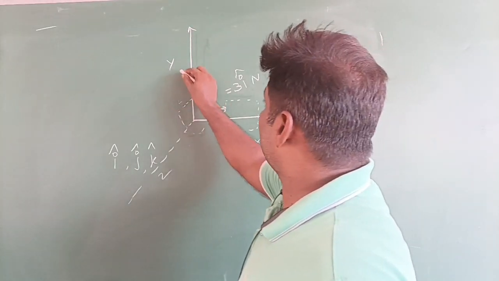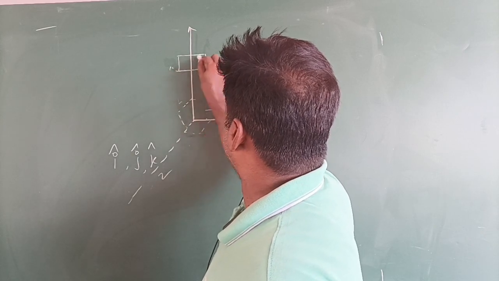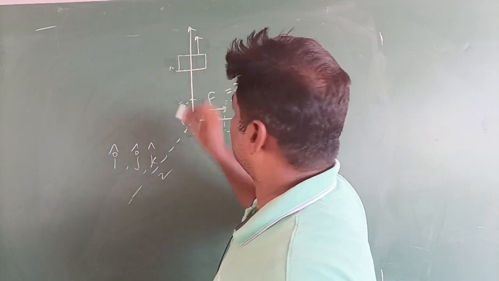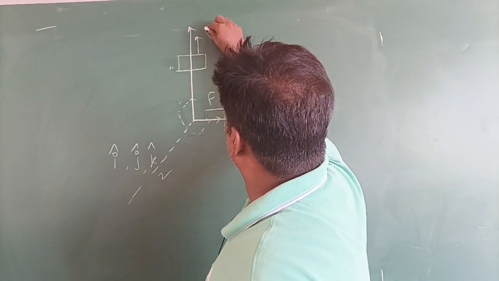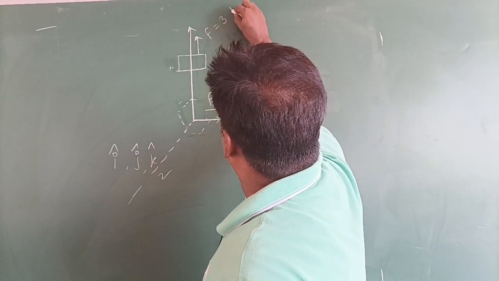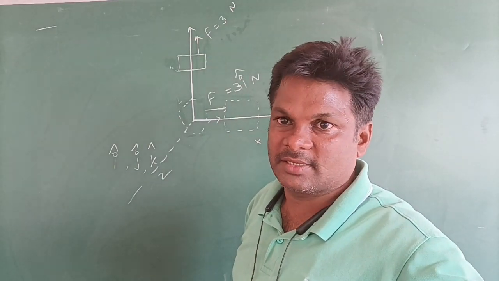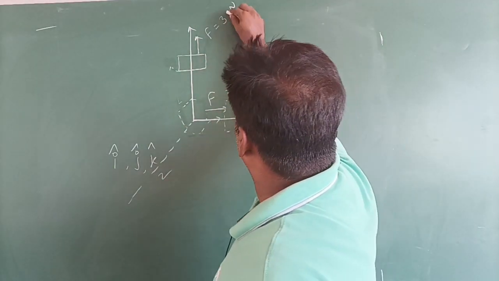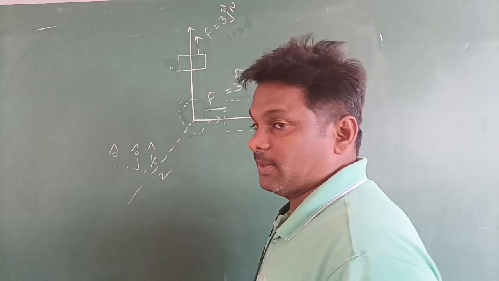Suppose you are lifting an object in the vertical direction, upwards, with the same force, that is F is equal to 3 units again. In which direction is it acting? Along y-axis. How can you note it? F is equal to 3 j cap.